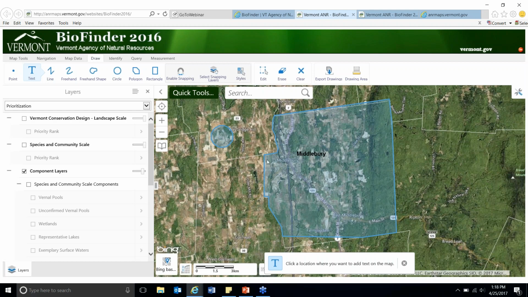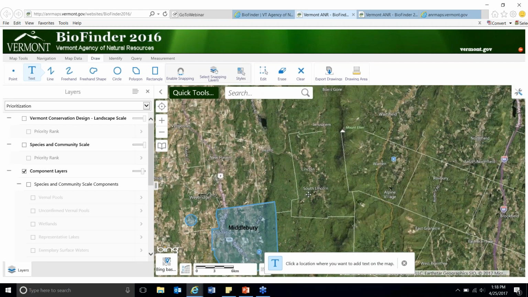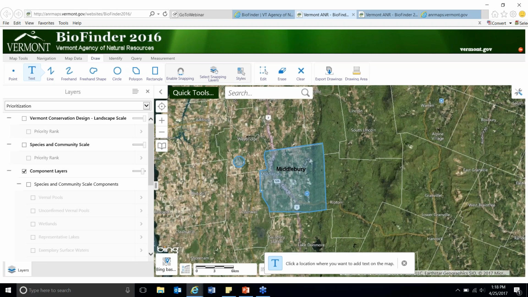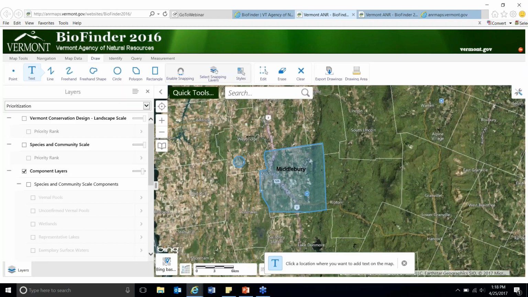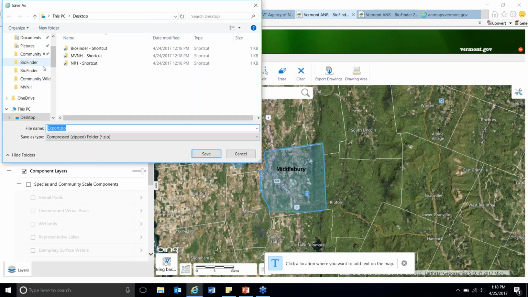And now if I like what I'm drawing, I can move around the map and it'll still be there. But if I want to save that drawing for later, not the whole map, but just that drawing, I can also export that drawing. And exporting it will download a shapefile onto my computer. I'm just going to save it onto my desktop.